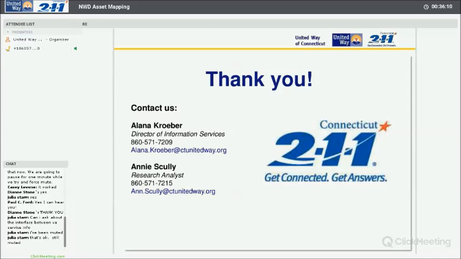So it looks like Julia is asking about the interface between VA services and InfoLine. So we do our best to list the VA services in the 211 database.